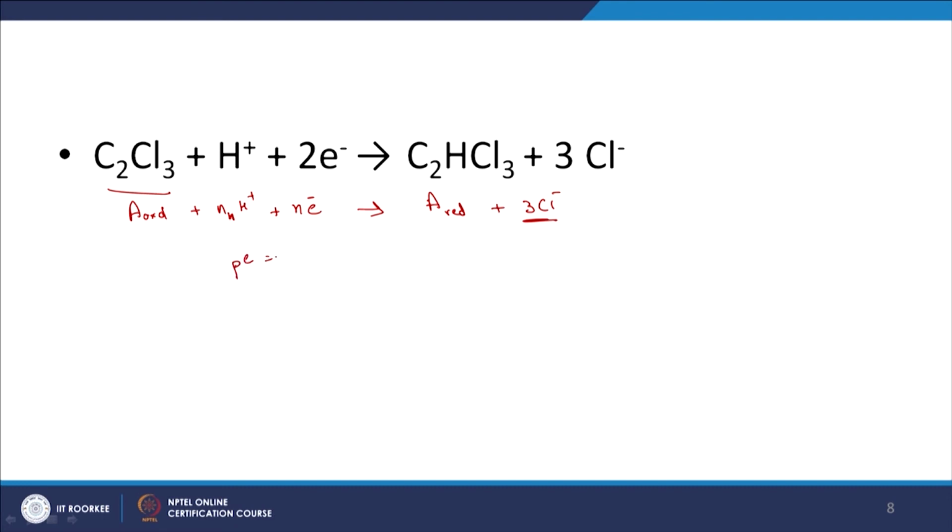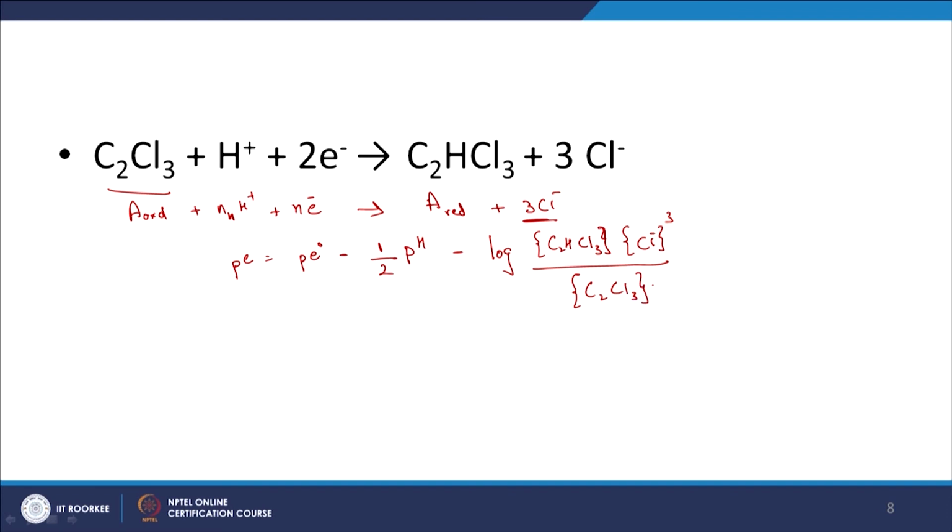So, we have Pe equal to Pe naught minus NH by N, which is 1 by 2 times pH, minus log Q dash. What is log Q dash? It is C2HCl3 into Cl minus activity raised to the power of 3, divided by the activity of C2Cl3.